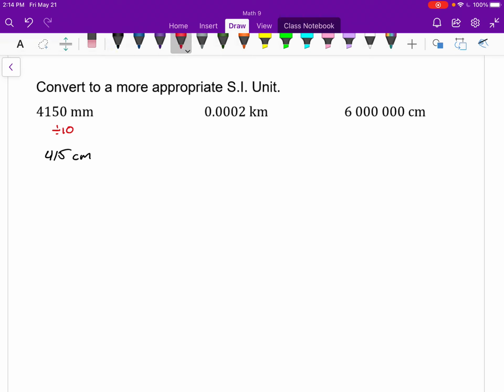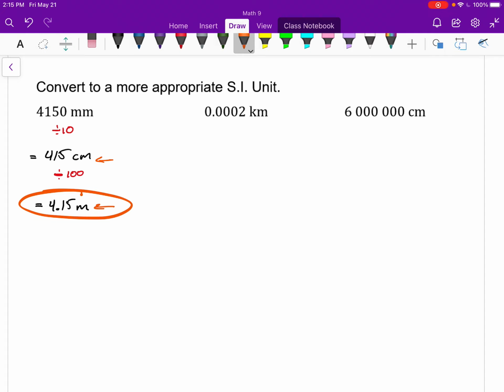I can also change this into meters by dividing by 100. And so while that's correct, I can also write it as 4.15 meters. Both these are pretty good. I can visualize both these pretty well. If I had to pick one, I probably like 4.15 meters better, but they're both correct. So this is a more appropriate measurement than 4,150 millimeters.